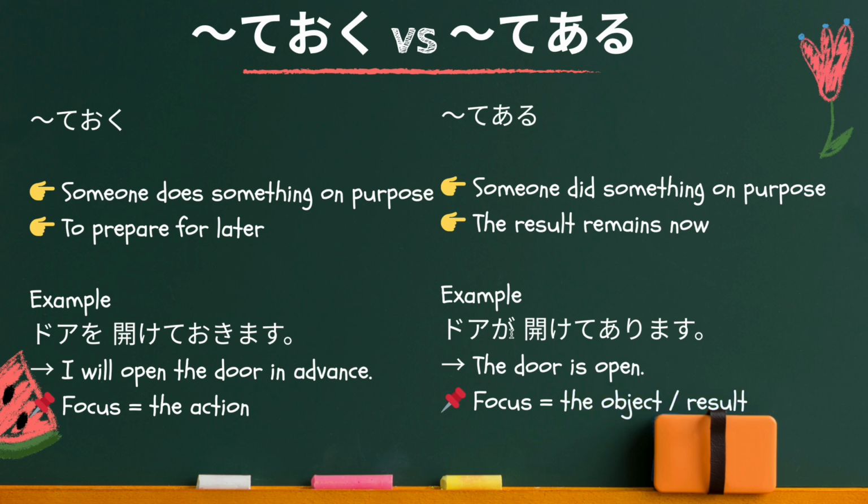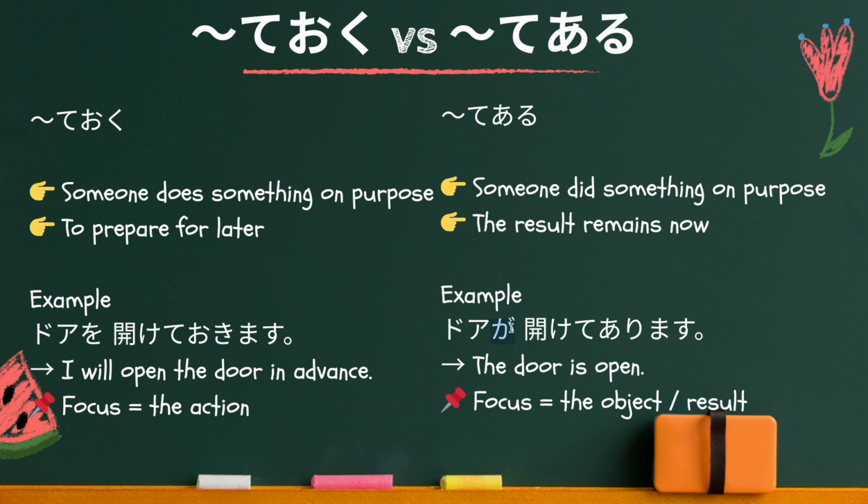Example, ドアが開けてあります。So someone already opened that door, and that door still is open. The result still remains. So this time the focus is not on the action, but on the result and the object. Therefore, in this case, use the が particle instead.